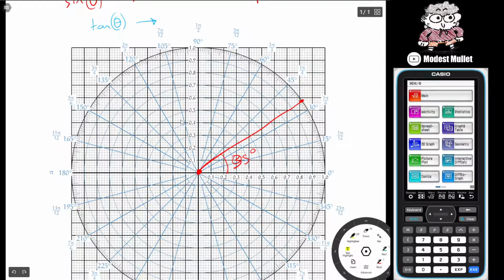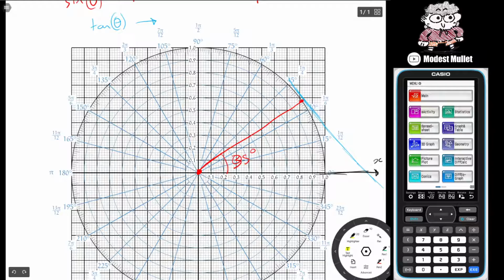Now tan is how long the tangent is at that point. So if I come in and draw a tangent in, something like that, and I continue my x-axis, there we go, we have our x-axis coming across.